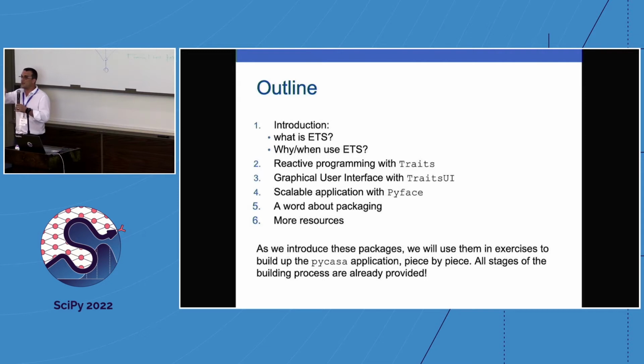We're building an application and we're showing you the life of the application, starting from a bare script at stage 1 all the way to a fairly fancy application at stage 7, which I doubt we'll have time to cover, but we still gave it to you. If we can, that would be awesome. So, okay, with that, I'm going to leave it to Prabhu to introduce ETS.